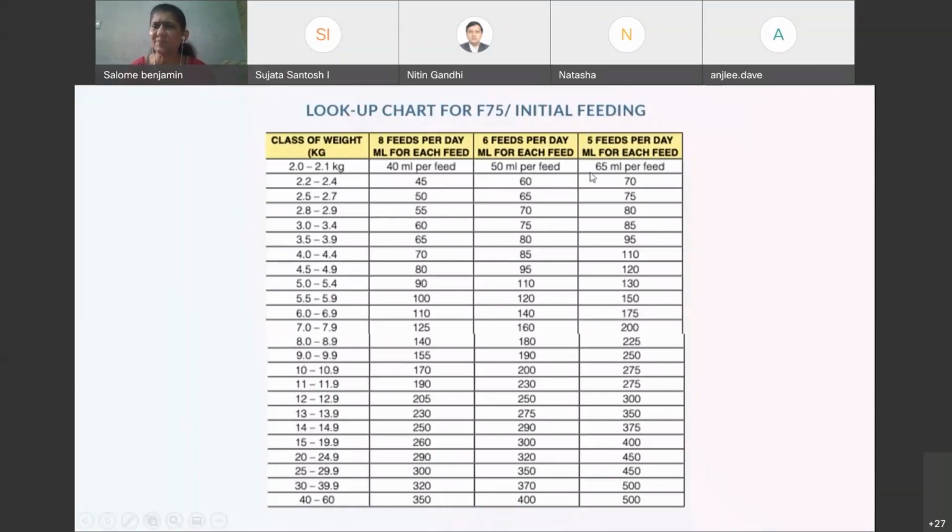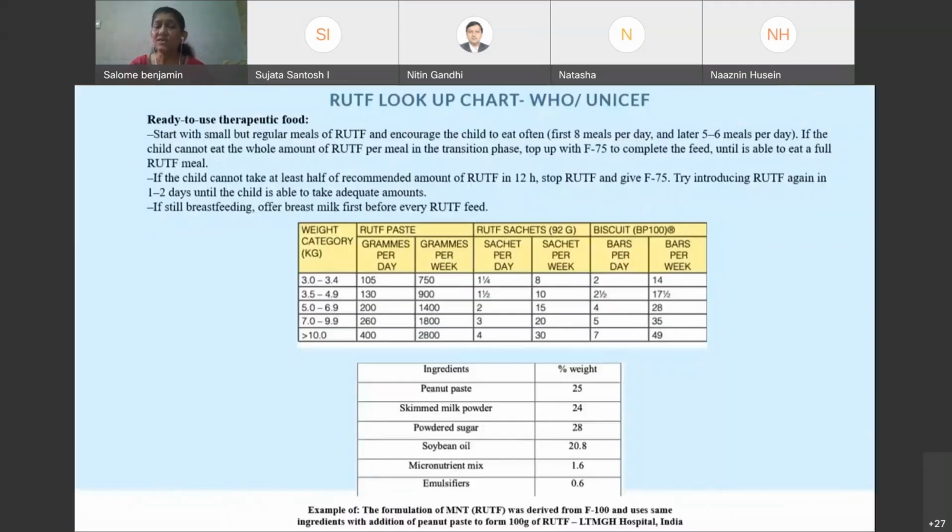There is a lookup table here which you can download and see how much weight, how many feeds and how much volume. Based on this table only you will decide how much RUTF to be given. You cannot give any amount. After the appetite test, how much RUTF to be given is decided using the lookup table. This ready to use therapeutic food, you can dilute it and give it.